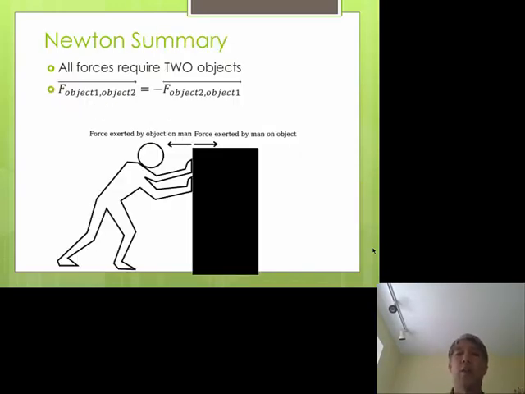So just to summarize, all forces, it doesn't matter whether it's a contact force or a field force, like gravity or electrical, all forces require two objects. The force of gravity is not this mysterious force that comes out of nowhere. The force of gravity is the force of the Earth acting on the object. The force of the string acting on the object. The force of friction acting on the object.